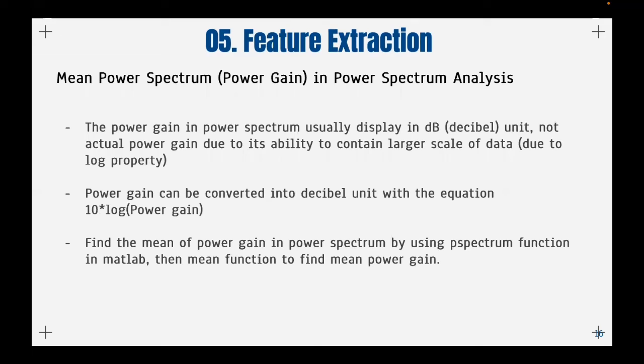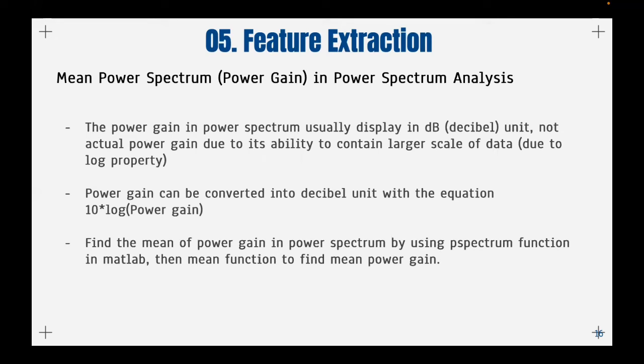Next, we will go to the mean power spectrum in power spectrum analysis. In power spectrum analysis, the power gain in decibels is shown on the y-axis and frequency on the x-axis. The power gain in the power spectrum is usually displayed in decibel units, not actual power gain, due to its ability to contain a larger scale of data because of the log property.